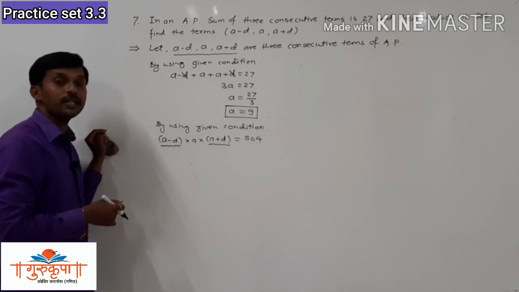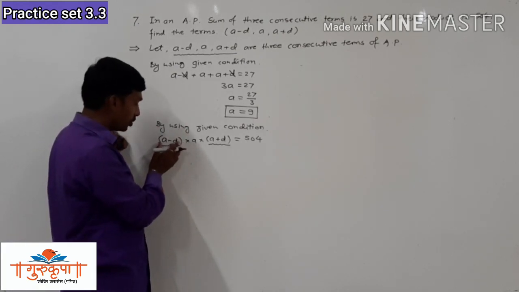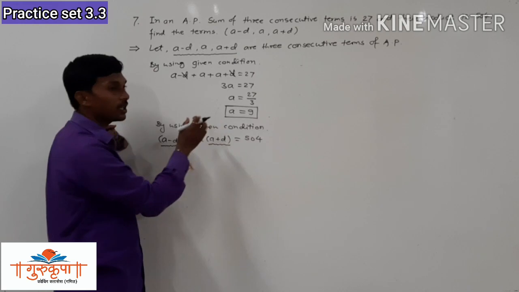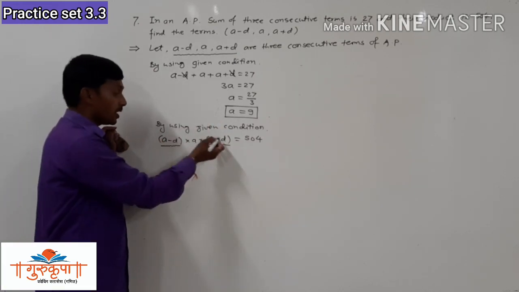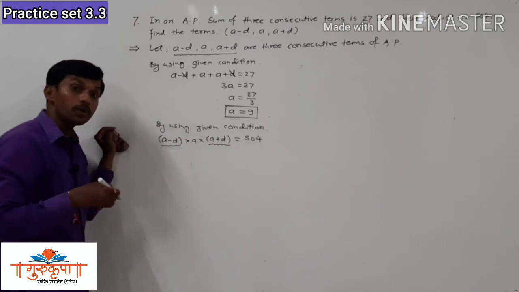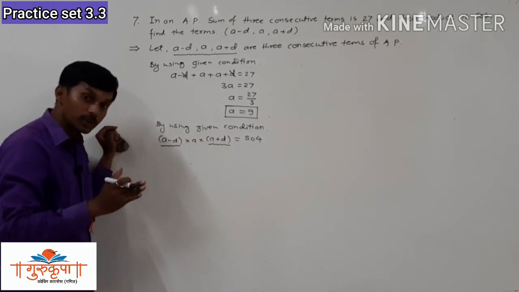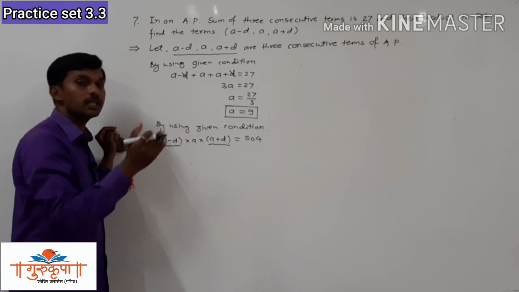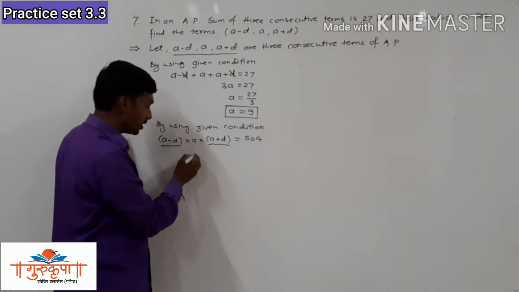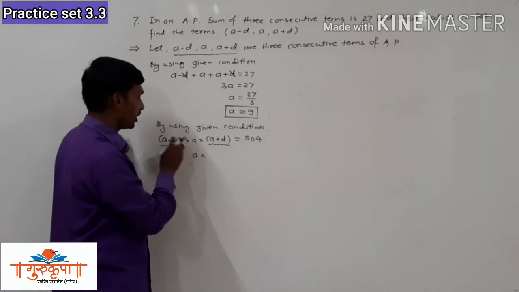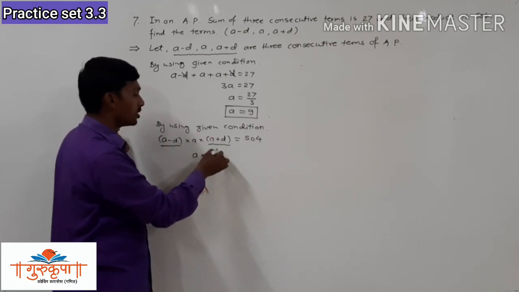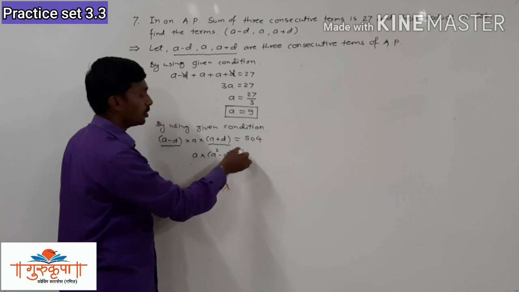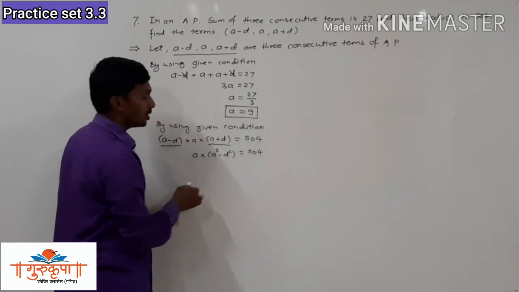We have an identity: if in the first bracket both the terms are same and in the second bracket both the terms are same, but the signs are different, at that time, how to take the product? That is square of the first term minus square of the second term. So we will put this a as it is, multiplied by product of these two brackets, first and last, and it is a square minus d square.